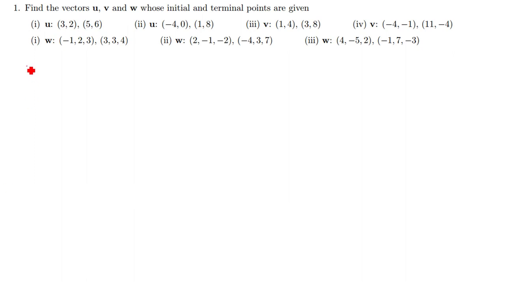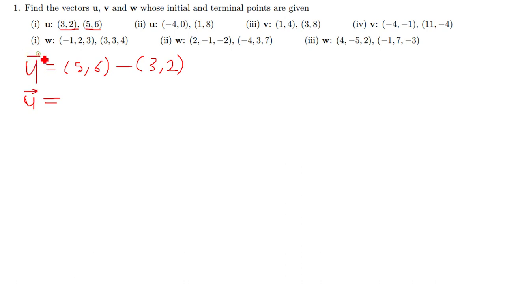So to find u, u is equal to the terminal point minus the initial point. Our initial point is this one, the terminal point is this one. So we have (5, 6) minus (3, 2). This u is a vector, and you can also give it a direction arrow on top.